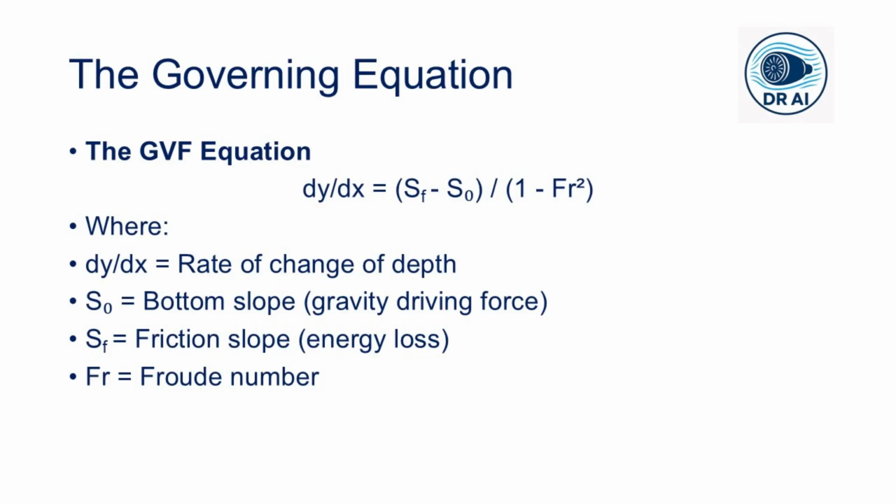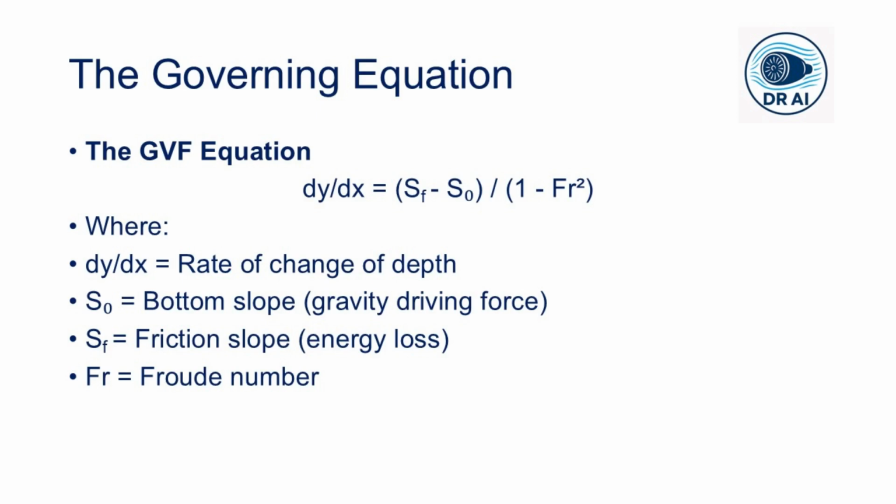And we also know that dz/dx is equal to -S_0, which implies that the bottom slopes downward. After some calculus and using the continuity equation to relate dv/dx to dy/dx, we end up with this elegant result.